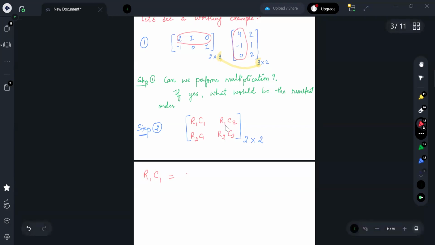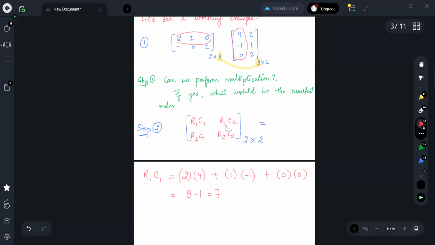So I'm doing 2 times 4 and I'm adding everything. And then I'm doing 1 times -1, and then I'm adding, well, the last entry is just 0 times 0. There you go. So I got 8, -1, I got 7. And that's going to be my first entry here.